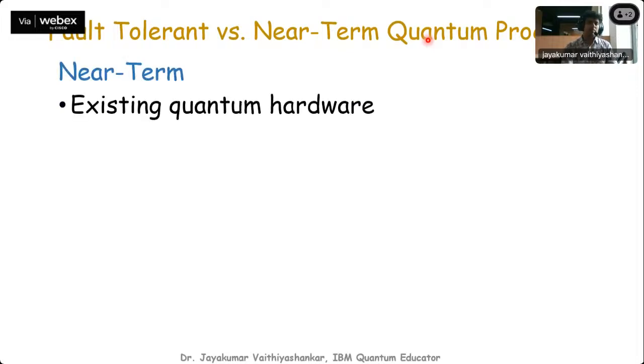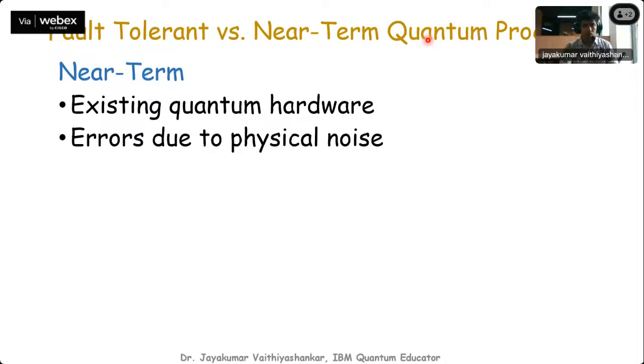What is near term? It is the already existing quantum hardware. The error is caused by physical noise. We cannot completely avoid or ignore physical noise because it inherently exists. Even if you are using an isolated system, the noise will exist intrinsically.